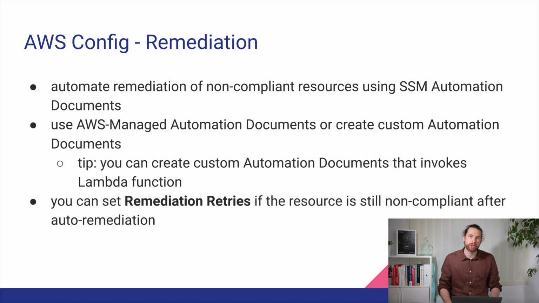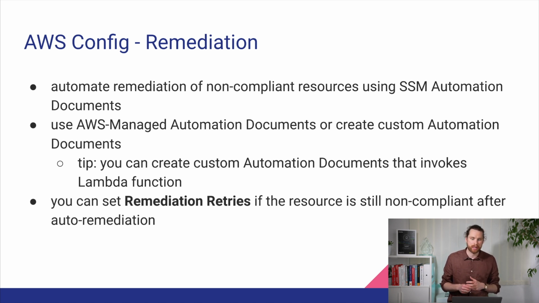But what happens if something is non-compliant? Well, you have two options. Number one, you can get a notification like an email, go to the console, find out what happened, and handle the situation yourself manually. Or you can define remediation automations with the remediation feature of AWS Config.